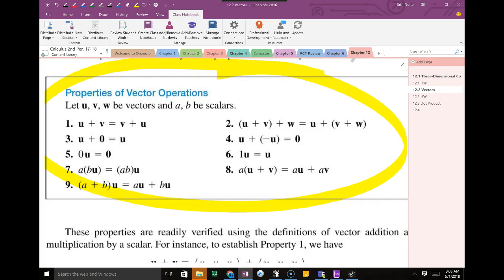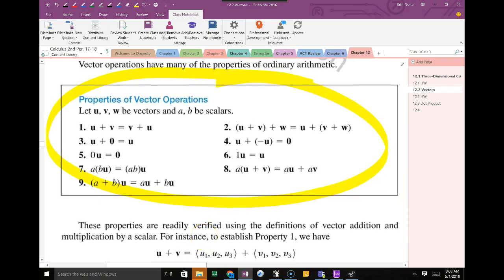All of those are algebraic properties. Which one is the distributive property? Number 9. Yeah. In my opinion, I don't think you need an example, because I feel like you already know this. So I'm not going to do an example of that.